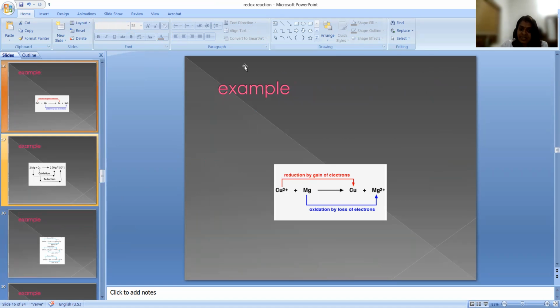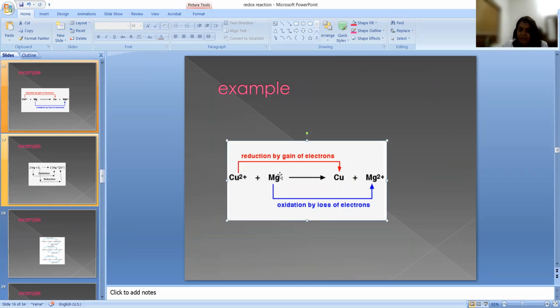So let us see this particular case. What is happening here? Copper is Cu2+. Mg in elemental form indicates that it is neutral, no charge. This is also elemental form, no charge. So Cu2+ is converting into Cu.